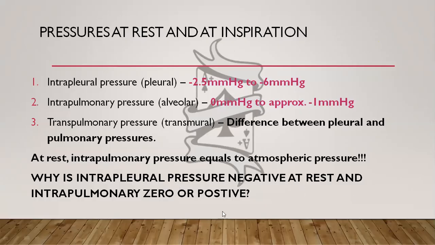Now, regardless of whatever these values are at rest, the point still stands that a decrease in these pressures is going to facilitate air moving in, and an increase in the pressure is going to facilitate air moving out. Everybody understand that? Send a yes quickly, please. Okay, great.